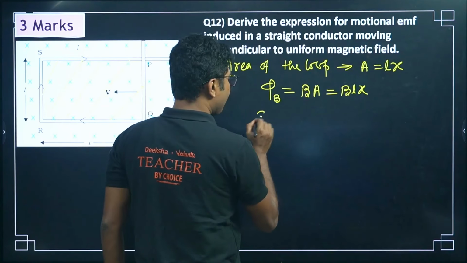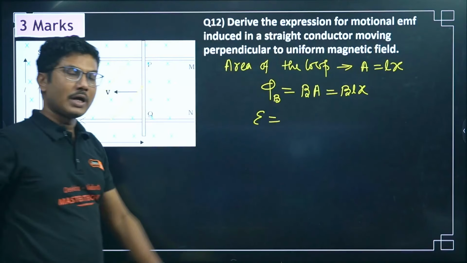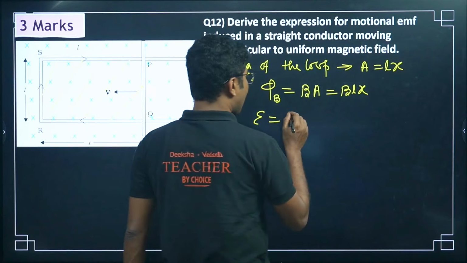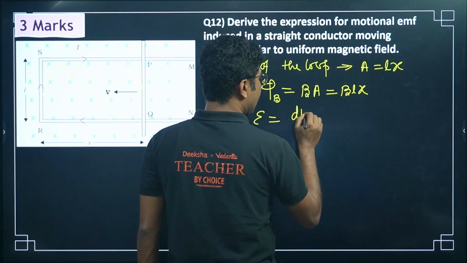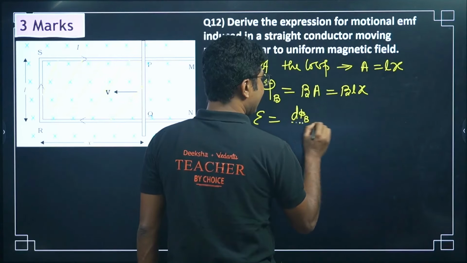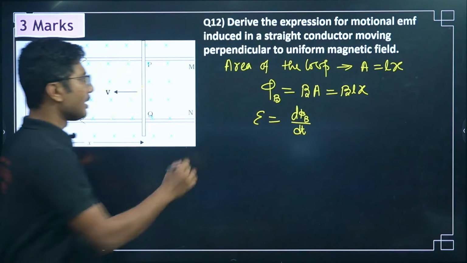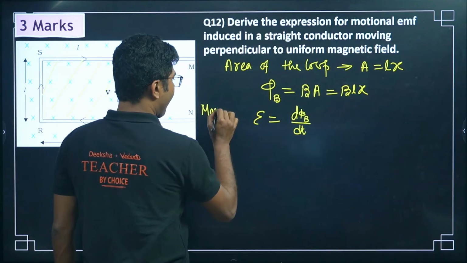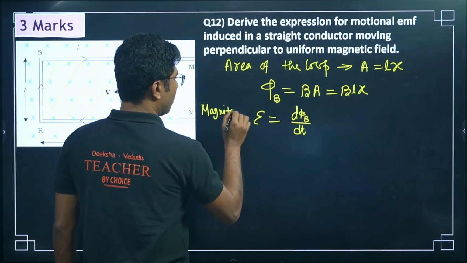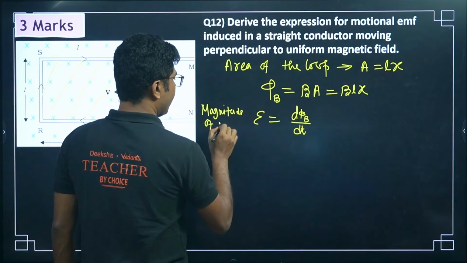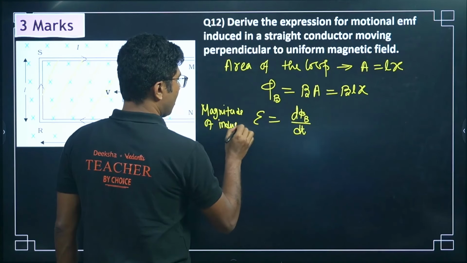So the magnitude of induced EMF, I will say, is basically given by d phi by dt. Here I have to mention magnitude of induced EMF.